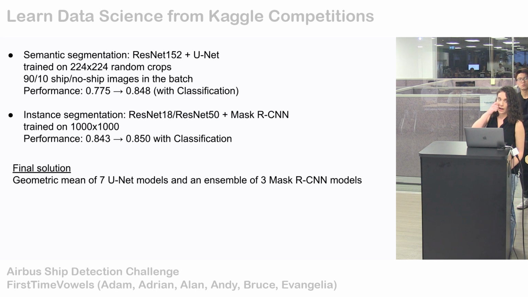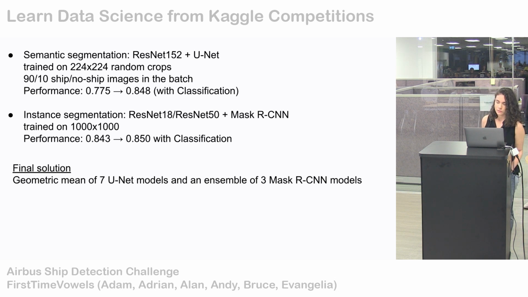And another thing that they used was again UNet with ResNet 152. Again, they cropped the pictures, and this time they used mostly pictures that had SIPs in the buds. Just 10% of them were pictures that didn't have SIPs, and the performance was much better.